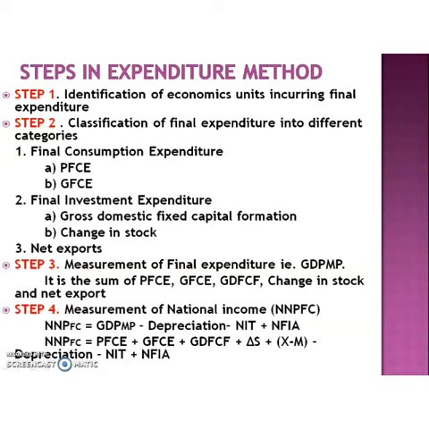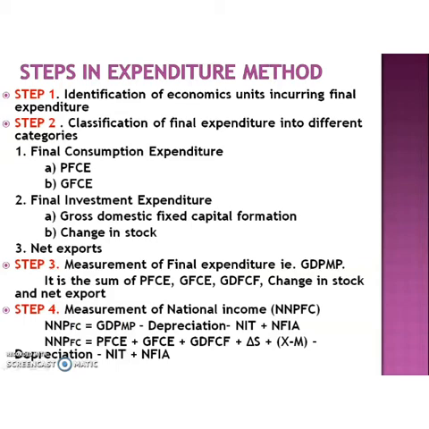So what are the different economic units? They are households, firms, the government sector and the rest of the world. So identification of these is the first step in expenditure method.